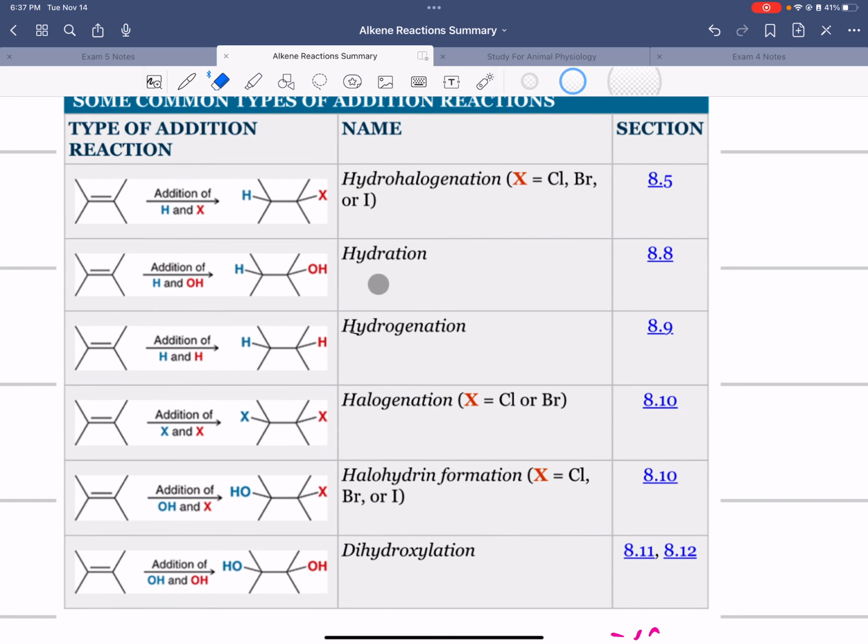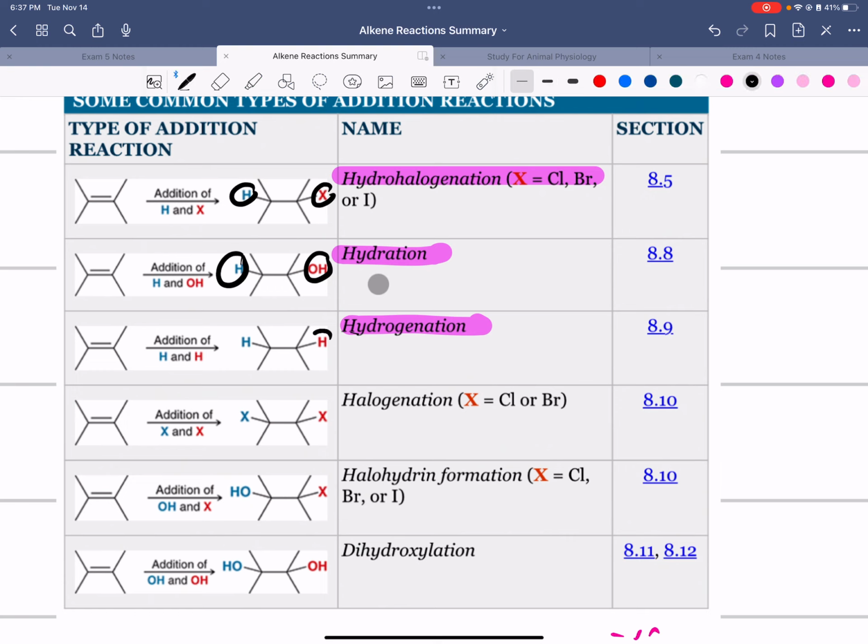So for example, I wanted to go over some definitions. What is a hydrohalogenation reaction? It's the addition of a hydrogen and a halogen. What is a hydration? It's the addition of an OH and an H. What is a hydrogenation?